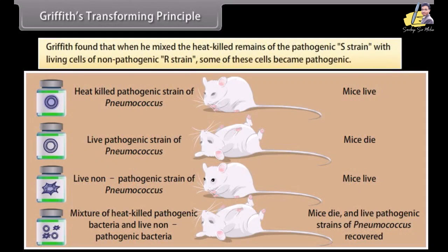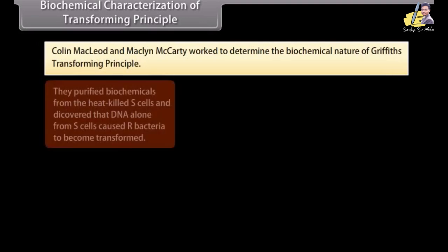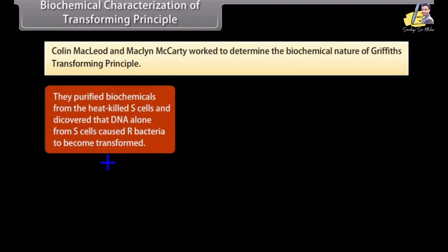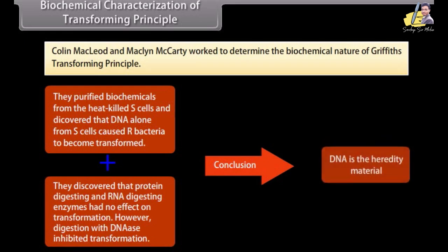Griffith found that when he mixed the heat-killed remains of the pathogenic S strain with living cells of non-pathogenic R strain, some of these cells became pathogenic. Griffith called this phenomenon transformation. Biochemical characterization of transforming principle. Colin MacLeod and Maclyn McCarty worked to determine the biochemical nature of Griffith's transforming principle.